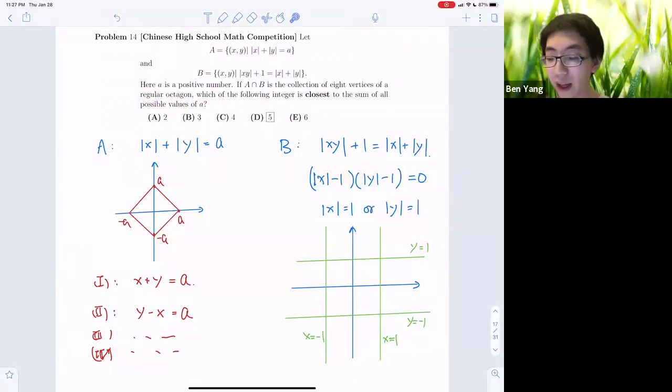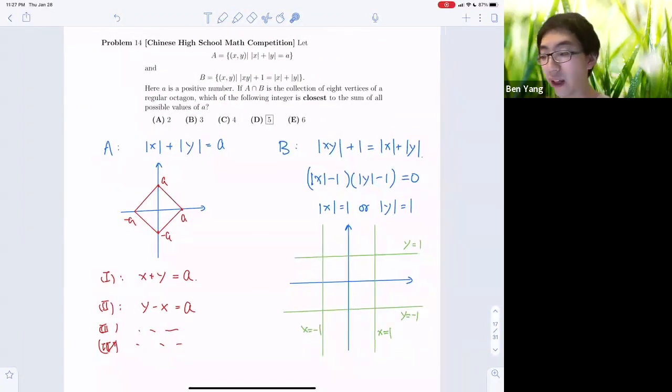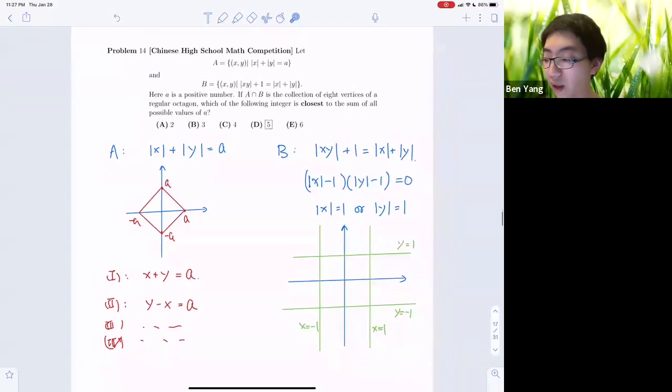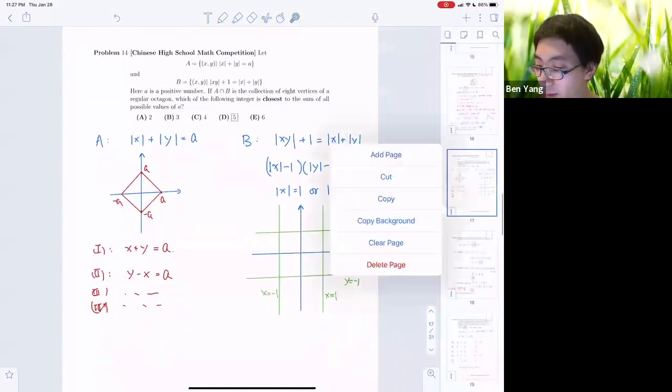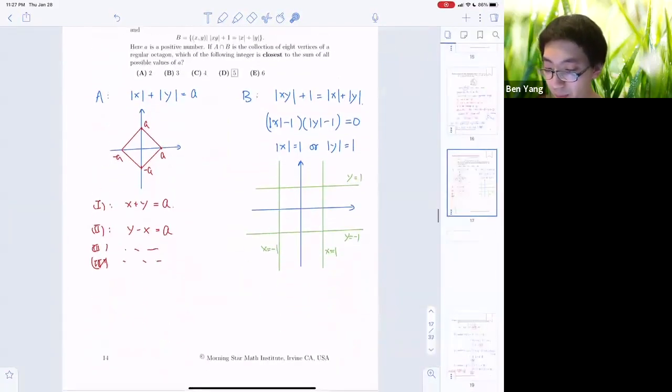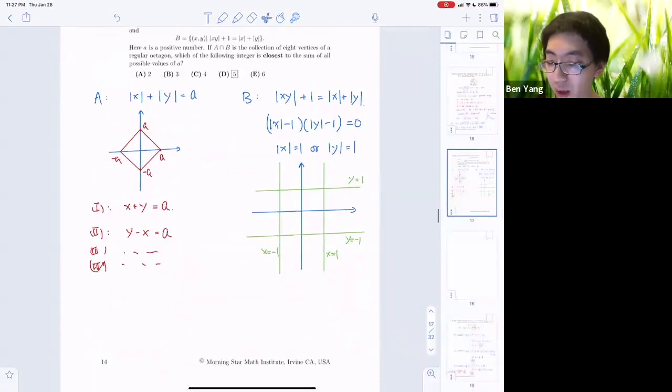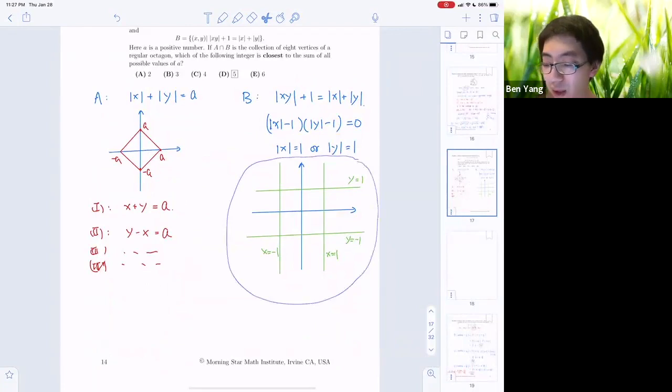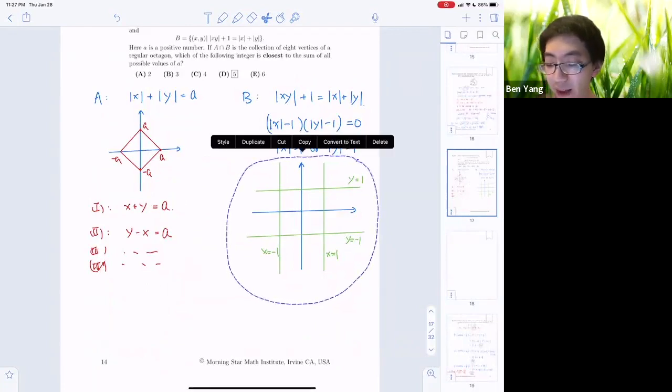Okay, so now let's put A and B together, and we want there to be 8 vertices, 8 intersection points, and we want those 8 points to be the vertices of a regular octagon. Okay, so let me copy the graph of B, and then we're going to try to put the graph of A on top of it.